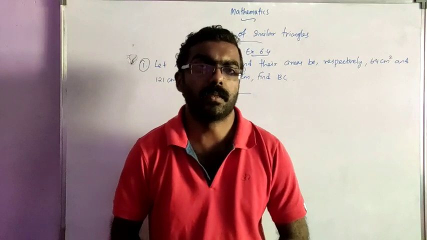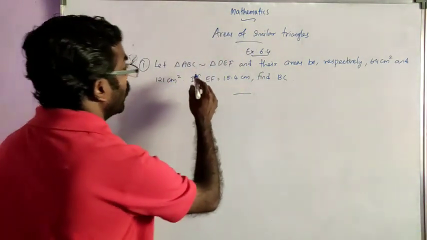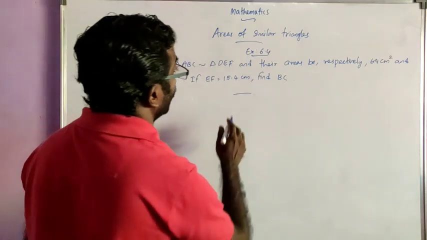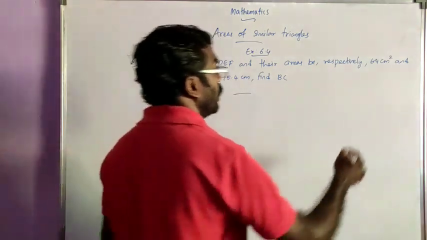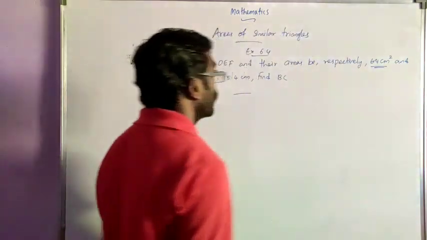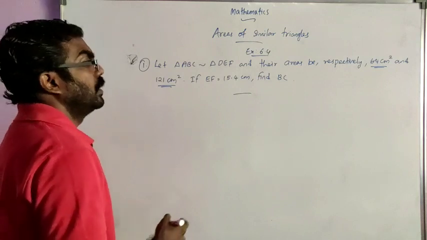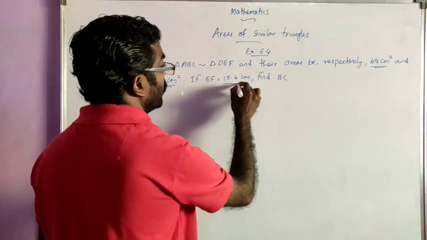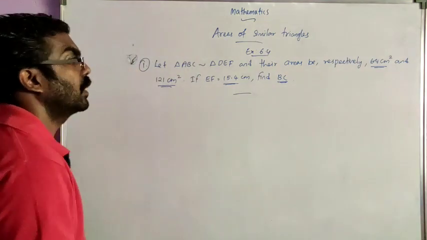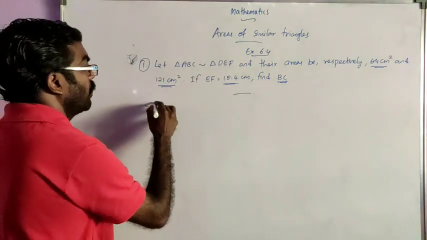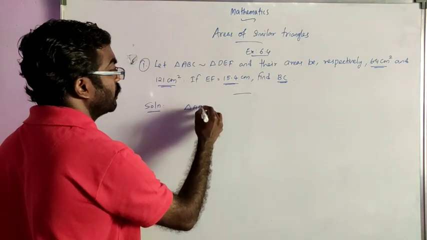Now we shall discuss exercise 6.4. Here the first question is, triangle ABC is similar to triangle DEF and their areas are respectively 64 cm square and 121 cm square. If EF equal to 15.4 cm, find BC. So here we are given two similar triangles, namely ABC and DEF.